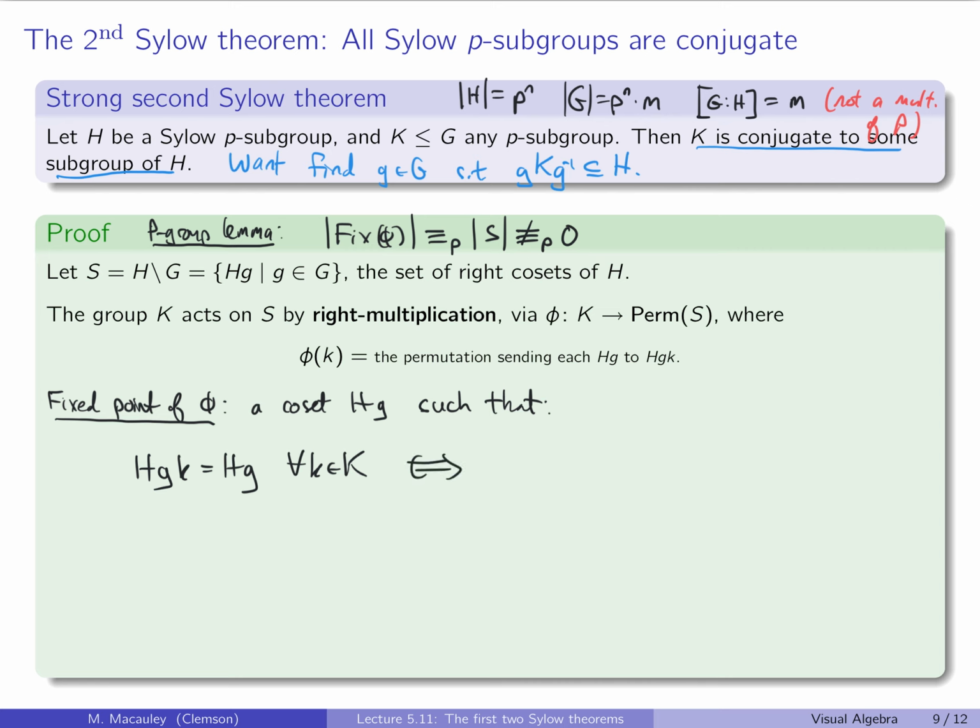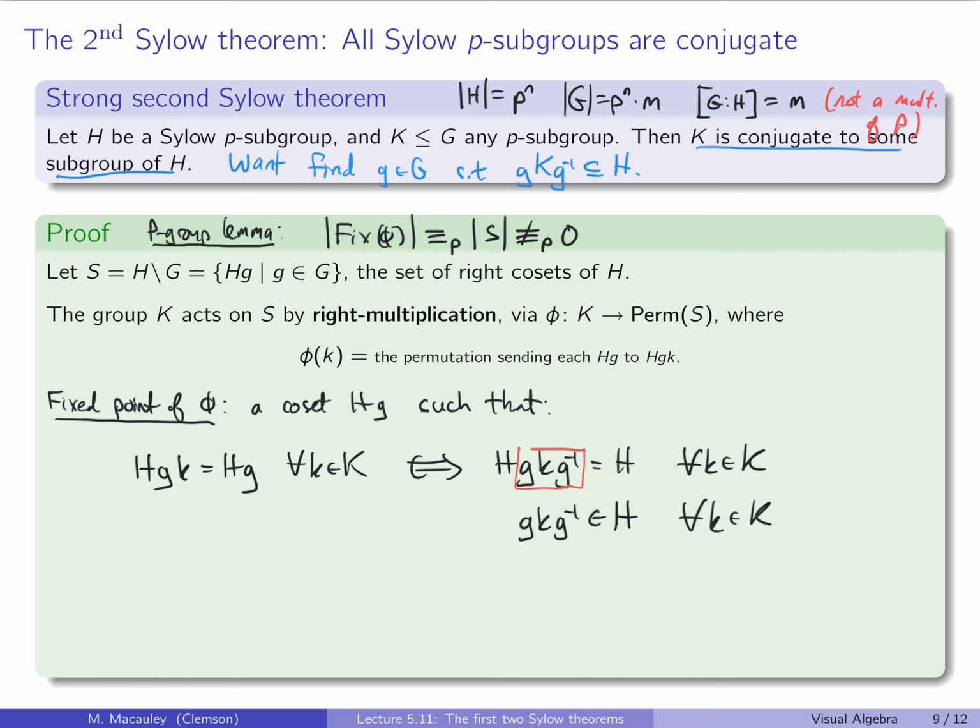Well, we can move the g over and write Hgkg inverse equals H for all k in K. And now by our so-called boring but useful coset lemma, I've said that probably 20 times already in this video series, that's equivalent to saying that gkg inverse is in H for all k in K. Right? H times some element is equal to H. That means that element is in H.